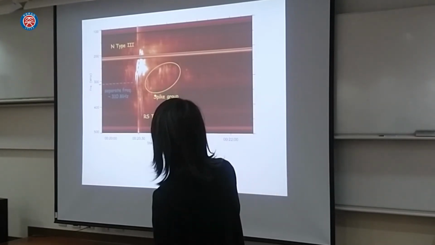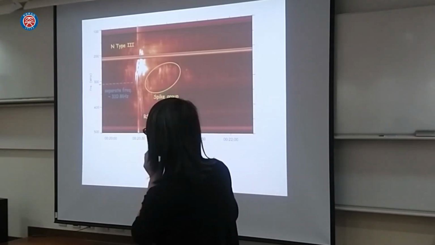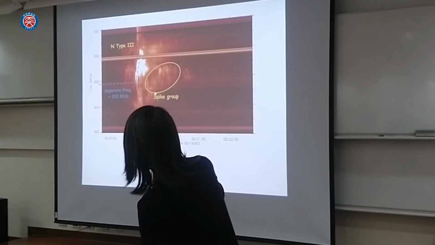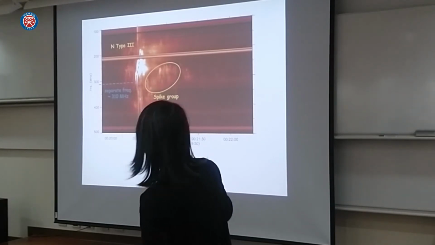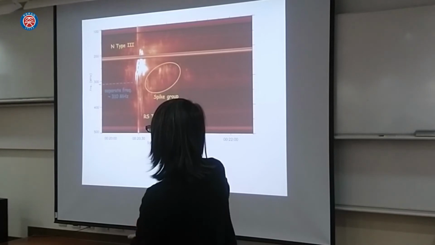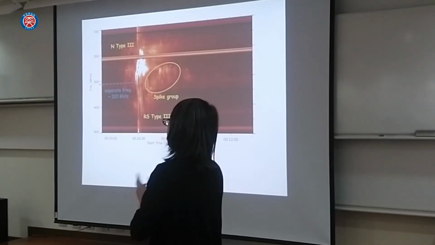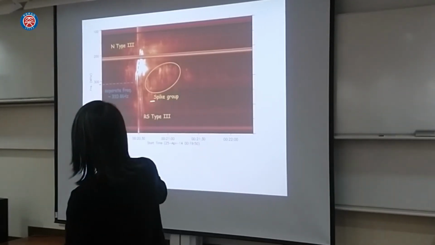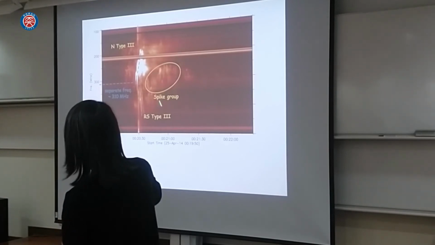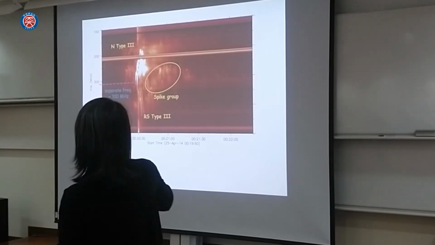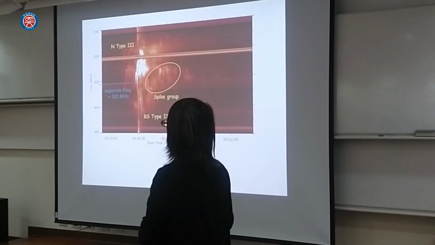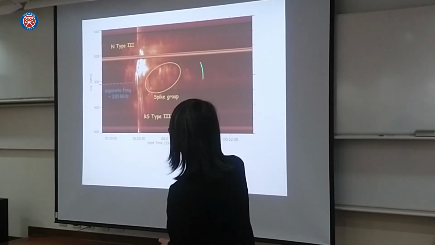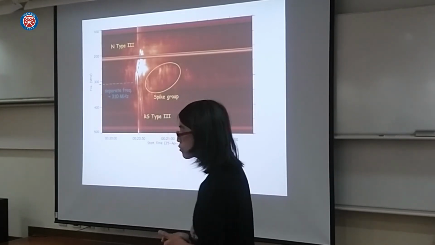And then you can also see some weak groups of spikes. But for those, you can get a common drifting rate; I mean, whether normal or reverse, you cannot tell. It's very random. So how can we explain such a feature?